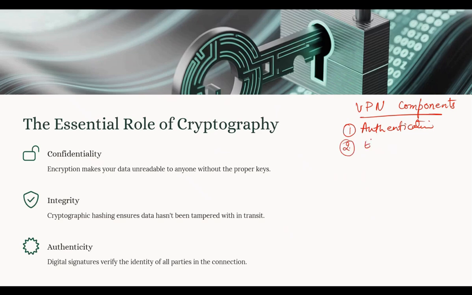Now, the second thing is the encapsulation method. For encapsulation method, how user information like data is to be encapsulated or transported across the network is taken care of. Then third is encryption.